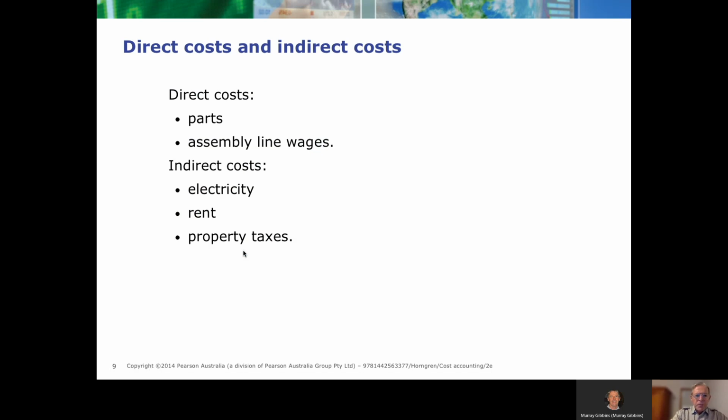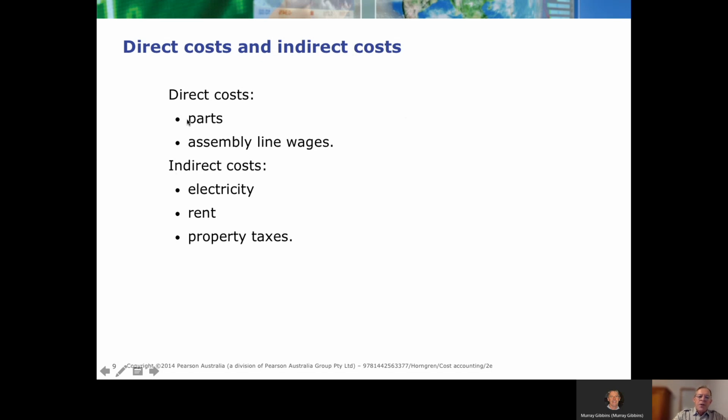So the three main component parts in the production process are direct material and direct labour, labour that's directly involved in the production process. It's very easy to track hours from timesheets to the product, and major component parts can easily be tracked to the product.